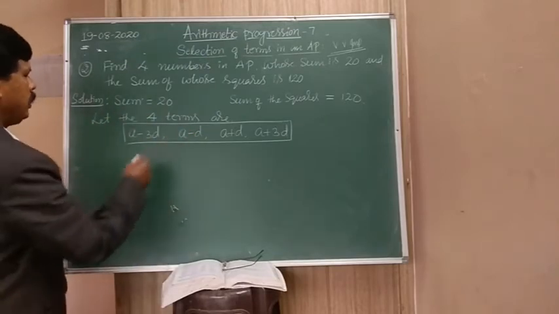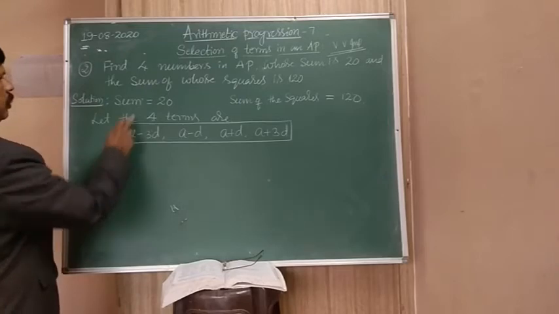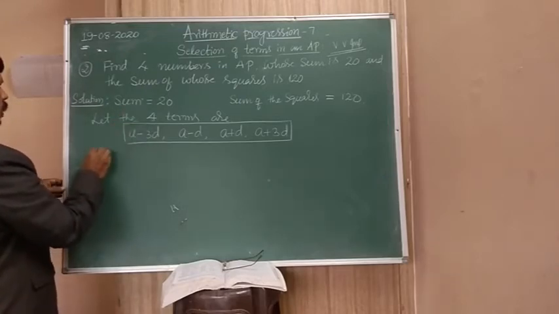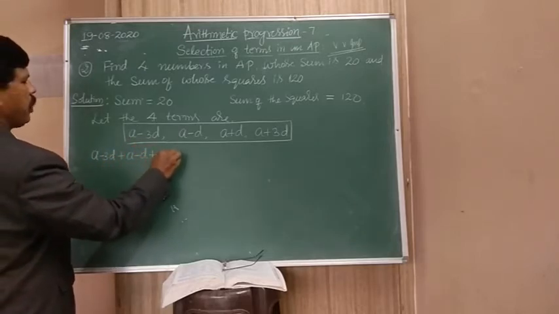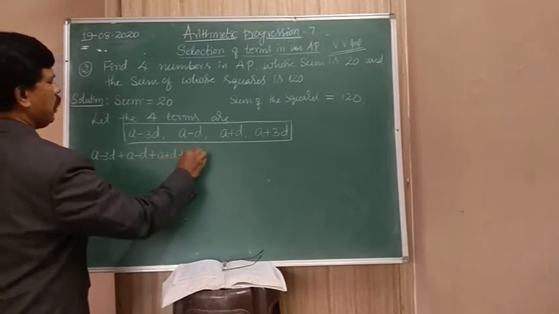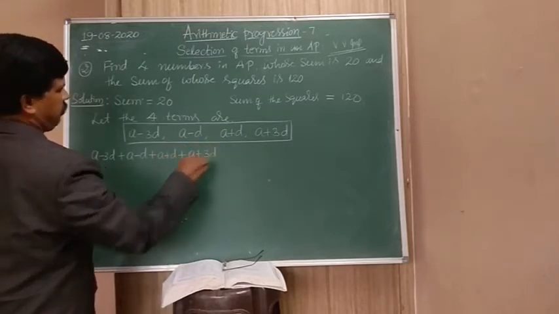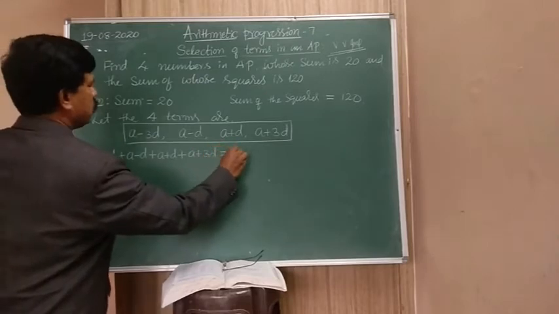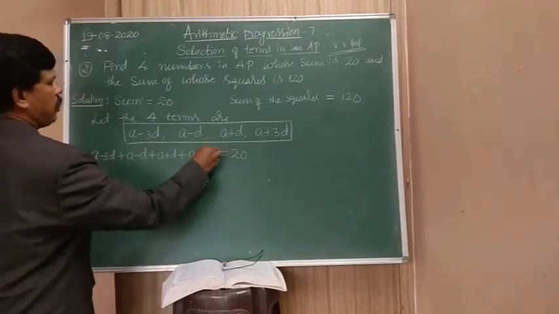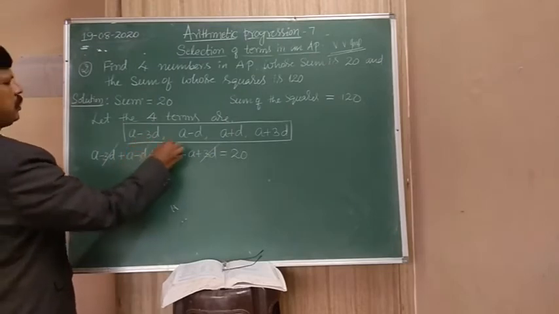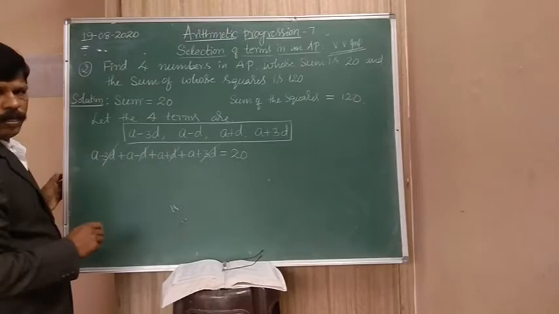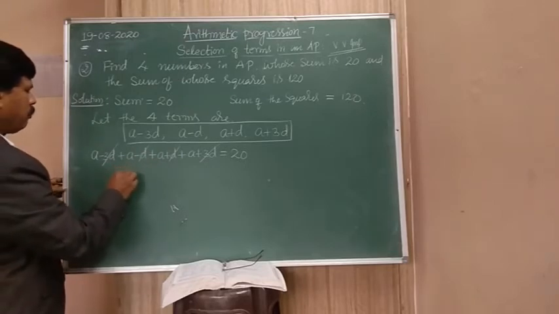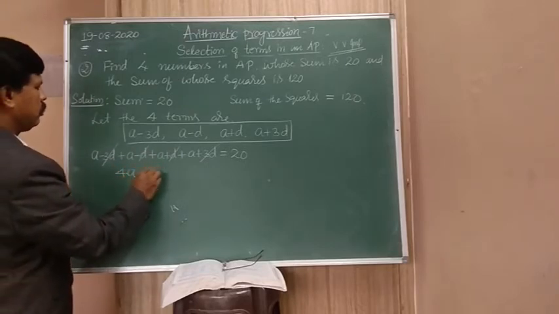Now let us take the first one. Here the sum is given: A minus 3D plus A minus D plus A plus D plus A plus 3D is equal to 20. Now plus 3D, minus D, plus D can cancel. Left out is 1, 2, 3, 4, here 4A is equal to 20.